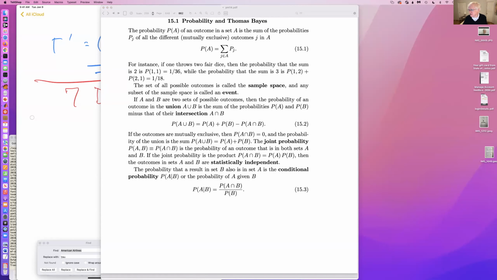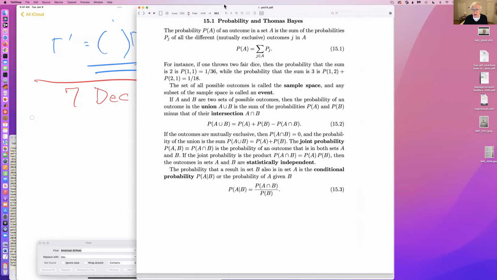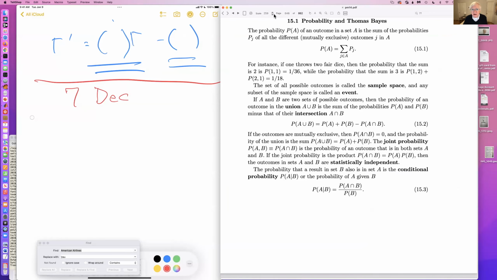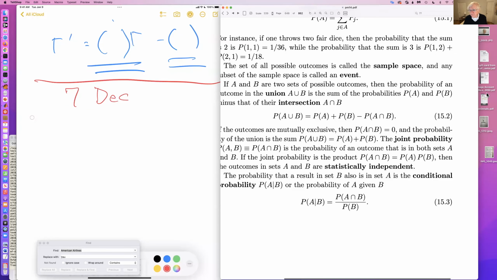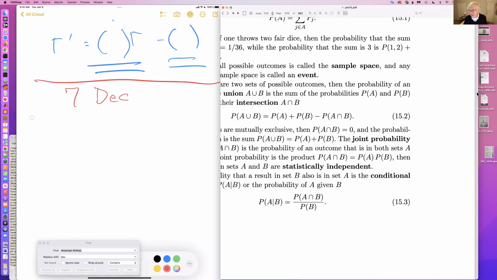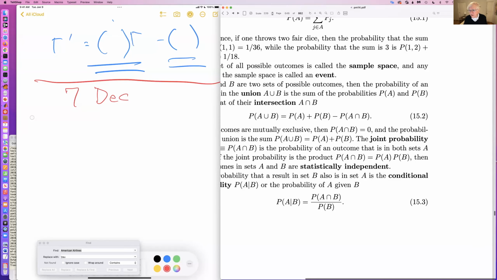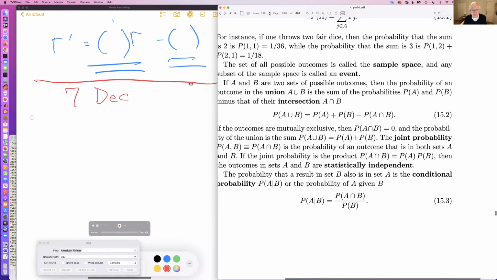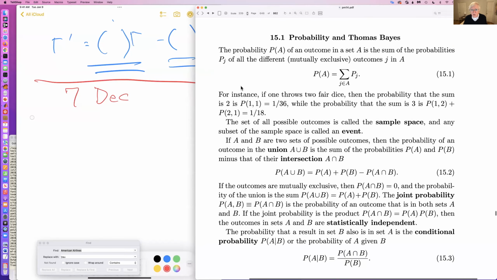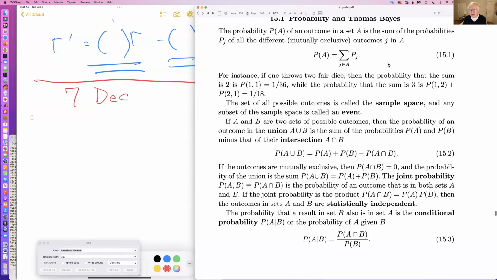Let me move this to another part of the screen, and I'm going to make this bigger. So this is intuitively what we mean by probability. You add up the individual probabilities, and that's the probability of the whole set.